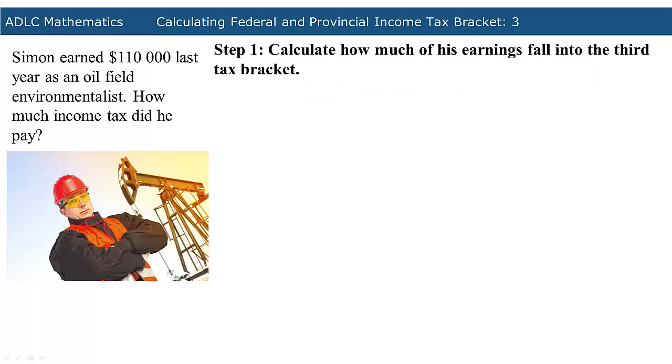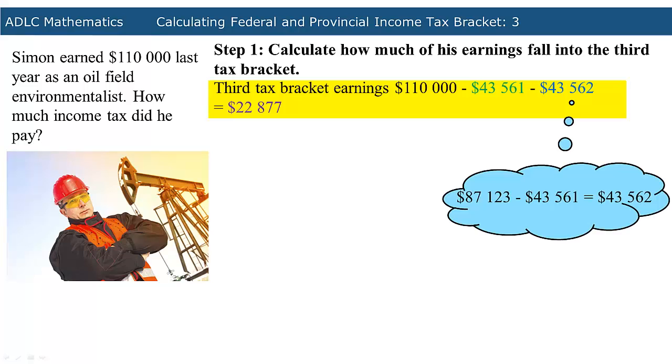The first step is to calculate how much of his earnings fall into the third tax bracket. In order to calculate his third tax bracket earnings, you must subtract the maximum amounts from the first and second bracket. The first bracket maximum is $43,561, and the second bracket maximum is $43,562.